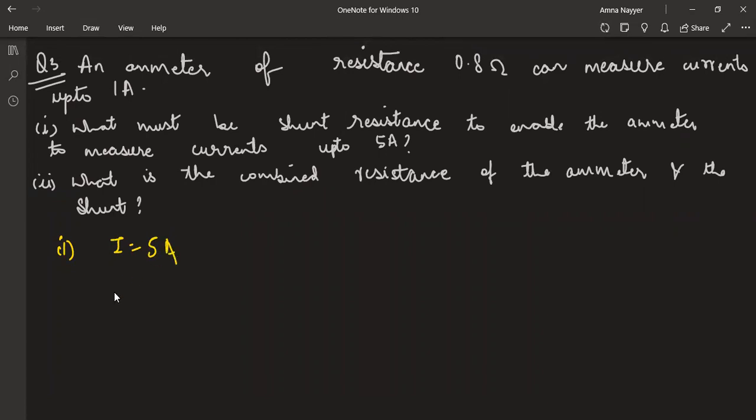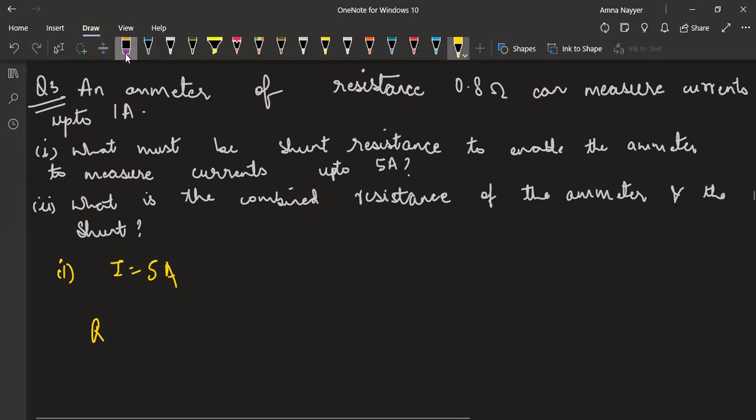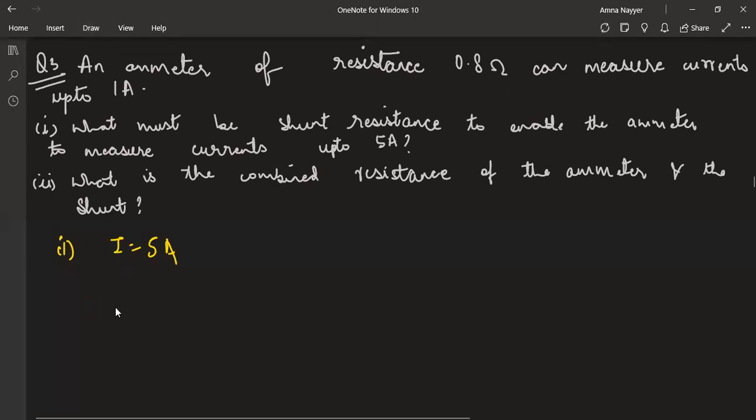So the shunt resistance that is required, let me write S only, this will be Ig by I minus Ig, multiplied by G, right? This is the formula for it.